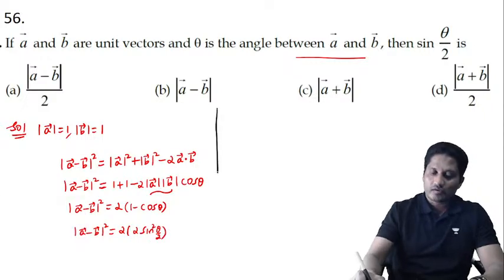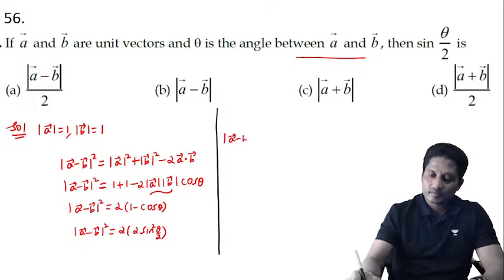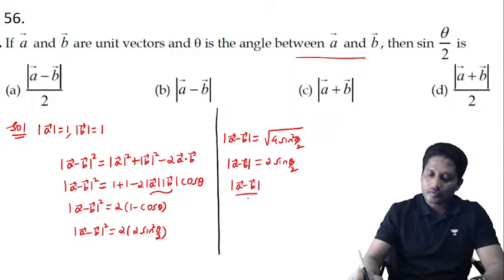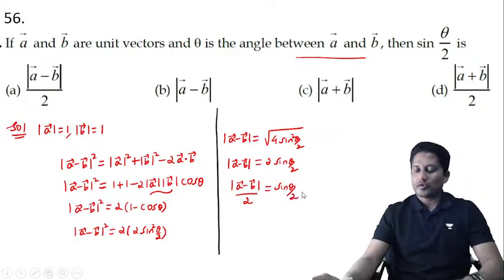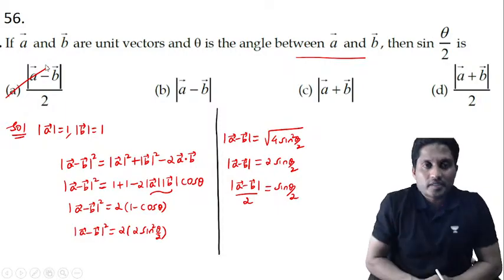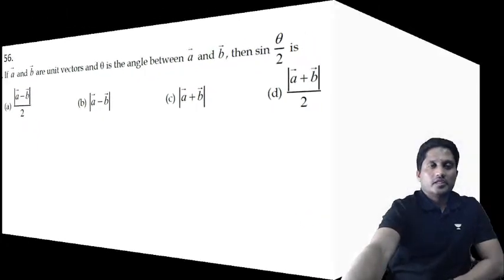If you take the square root, you get mod of A minus B is equal to root of 4 into sin square theta by 2. Modulus of 4 is 2, and then you get sin theta by 2. This is mod of A minus B. And then modulus of A minus B upon 2 is equal to sin theta by 2. Answer is option A. Let's move to the next question.